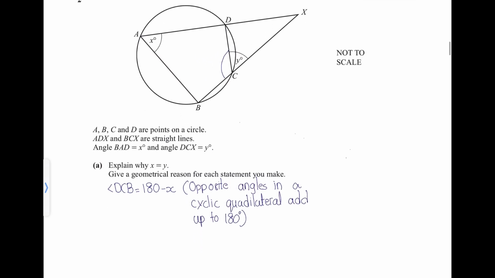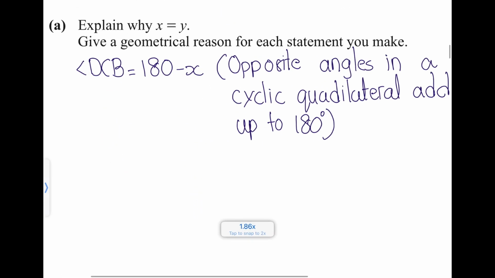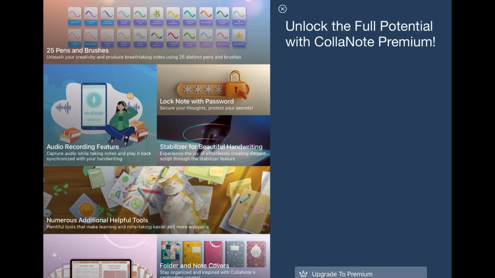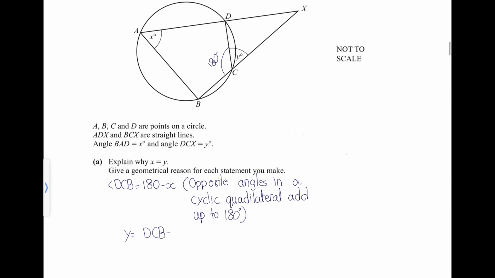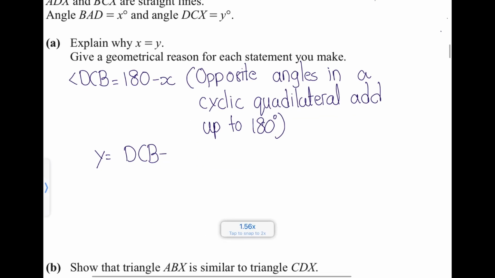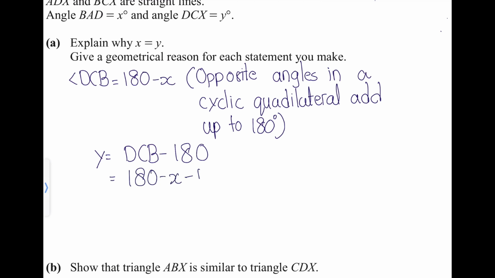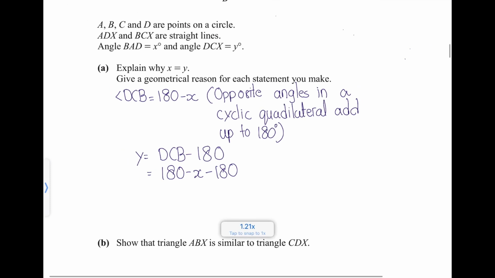Next step is going to be that angle y would be angle DCB minus 180, because if this angle is 180 minus x, and you subtract it from 180, you would get angle y. Okay, sorry, there's some kind of confusion here.